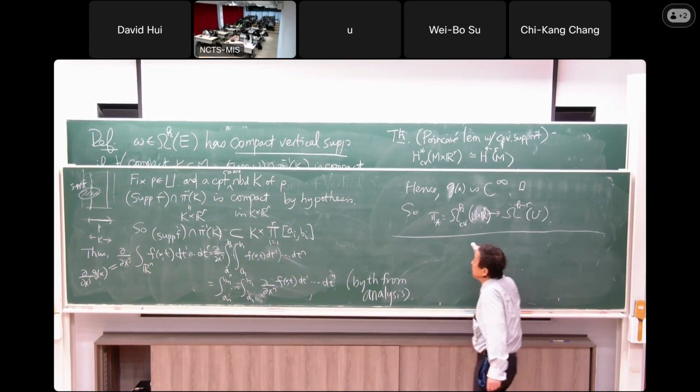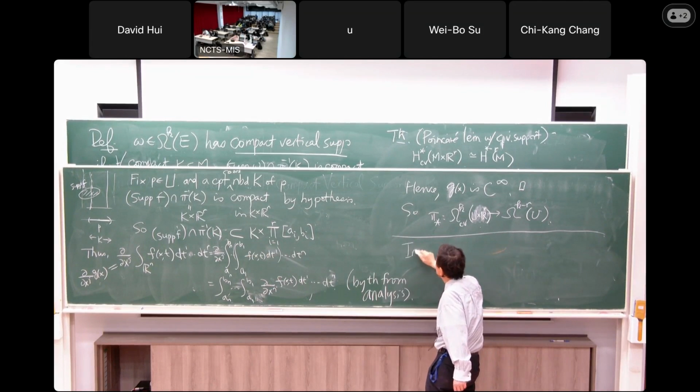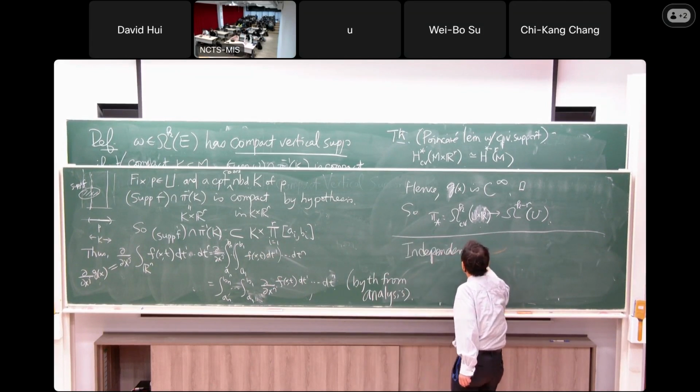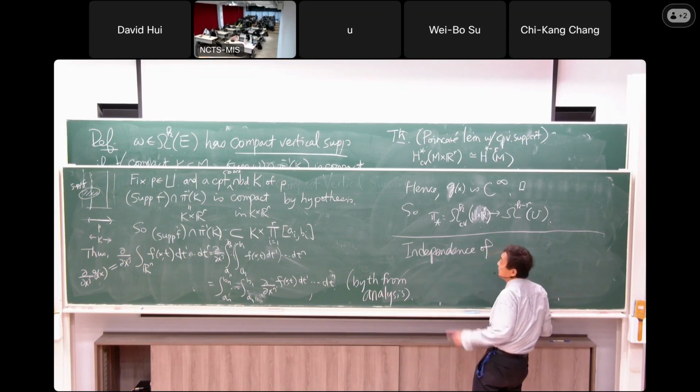Okay? And then the next theorem is that the definition of pi lower star is independent of coordinates.